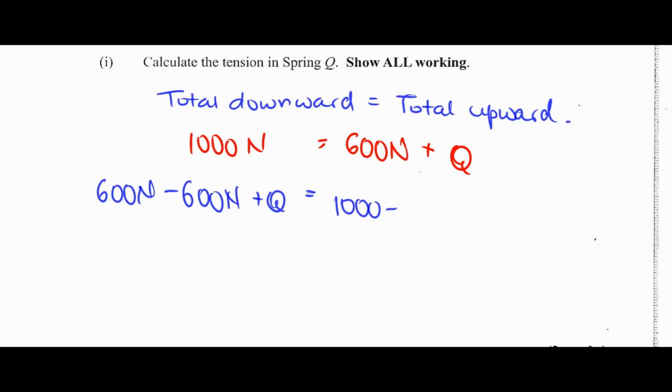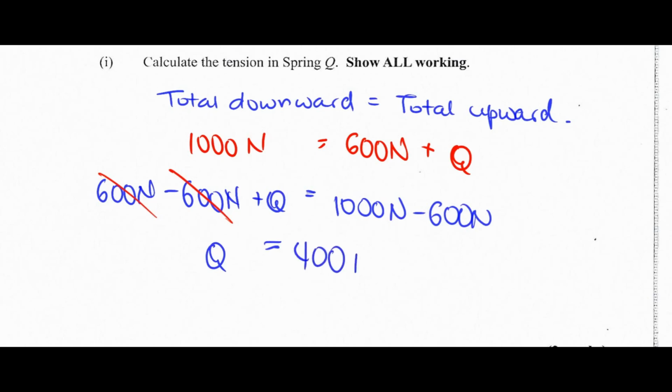And that would mean that 1000 newtons minus 600 newtons, this would cancel, so 600 minus 600 is 0, so we're left with Q being equal to 1000 minus 600, which is 400 newtons.